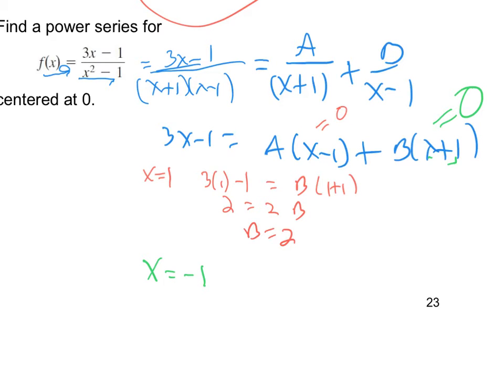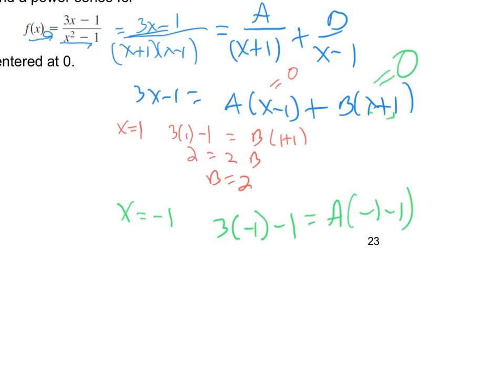That will leave me 3 times negative 1 minus 1 equals a times negative 1 minus 1. That will be negative 3 minus 1, that's negative 4, equals negative 2a. So a is now equal to 2.